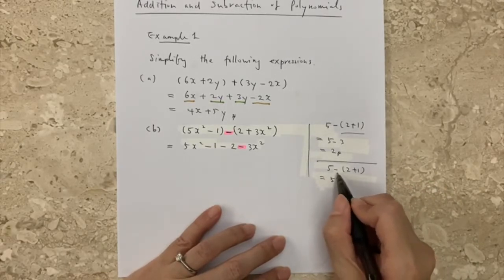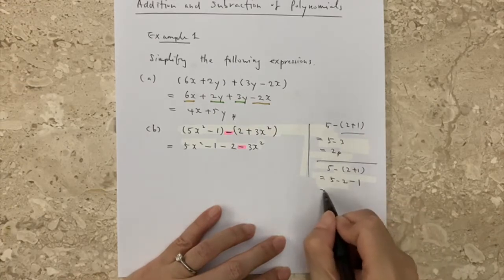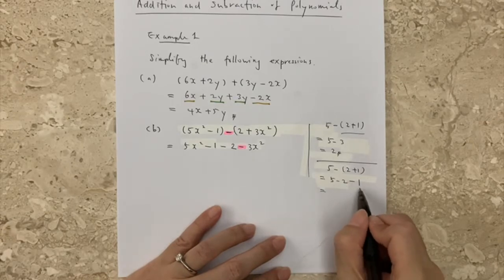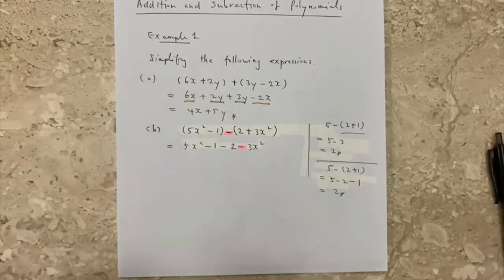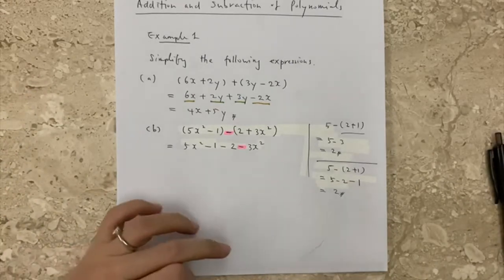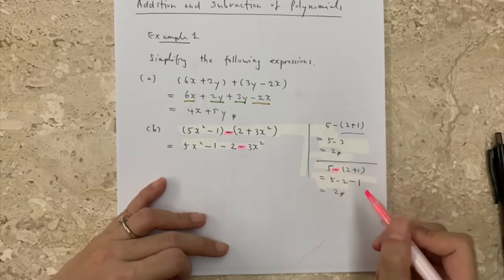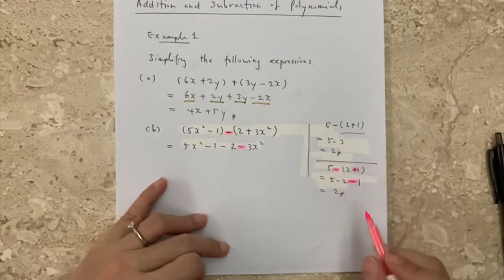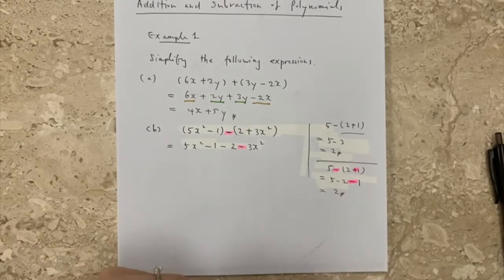So that would be minus 2, and then minus 1. So that's minus 2, 5 minus 2 is 3, 3 minus 1 is 2. So we get the same answer. So you can see that if we have a bracket, and in front of that is a negative 1, we must change the sign from plus to minus, otherwise it will be wrong.